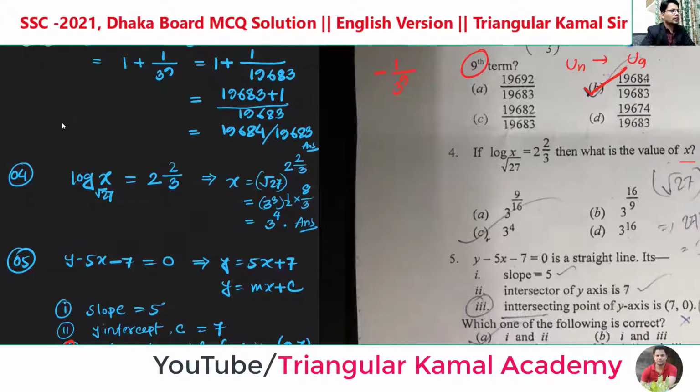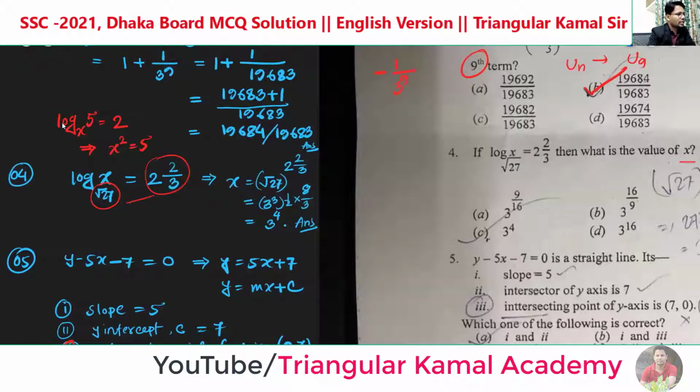Now just do the calculation; we know the formula. Suppose log of x to the base 2 is 5. In this step we can write the formula: 2 to the power 5 equals x. In the same way, here root over 27 to the power 2/3 is equal to x.